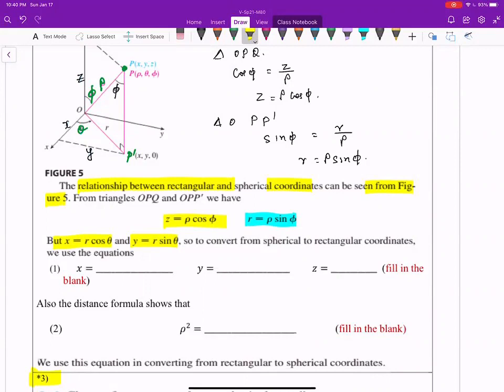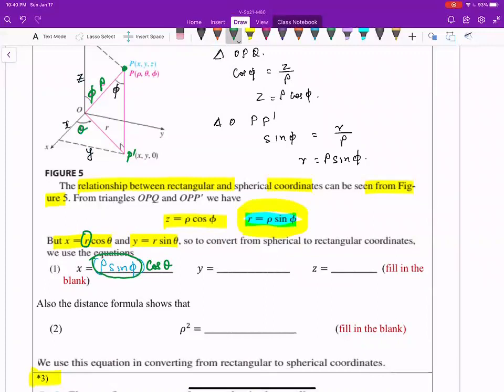But what is r though? r can be written as rho sine phi, in the place of r, times cosine theta.